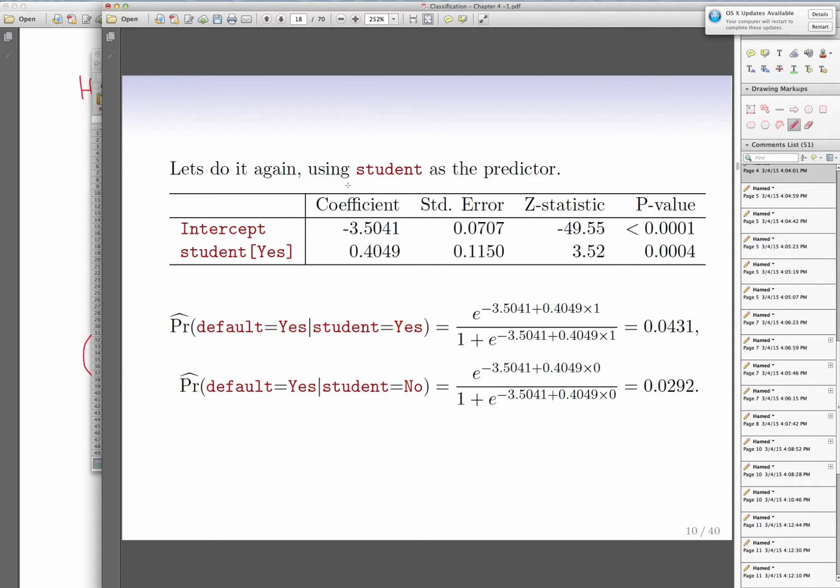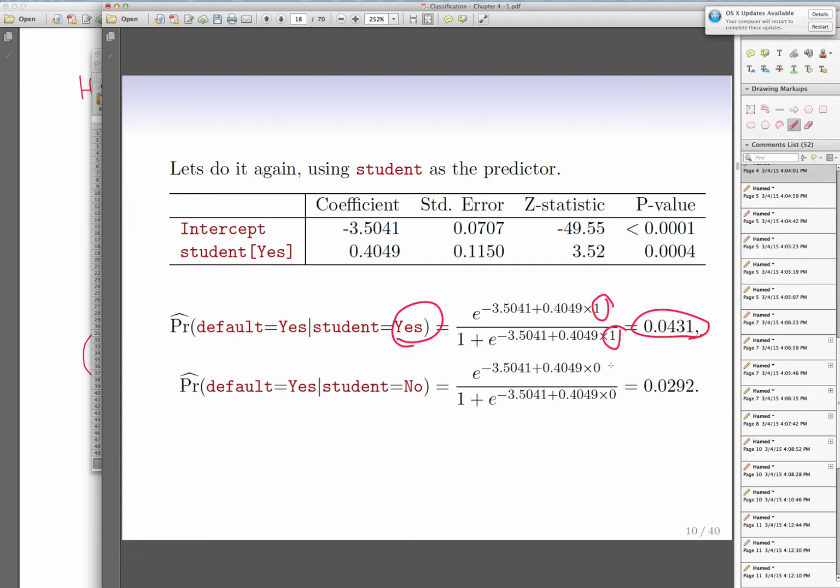And let's see why we get that number. If you're a student, your dummy variable is 1, so the probability of default for a student is 4.3%.